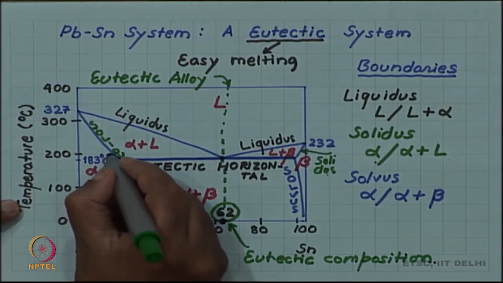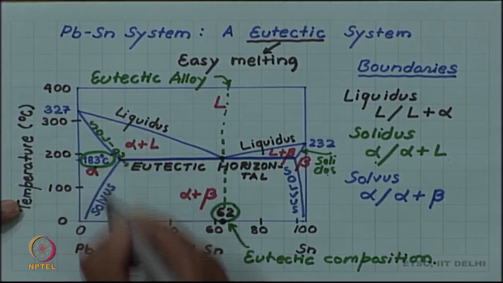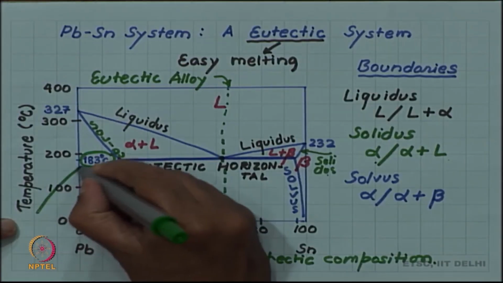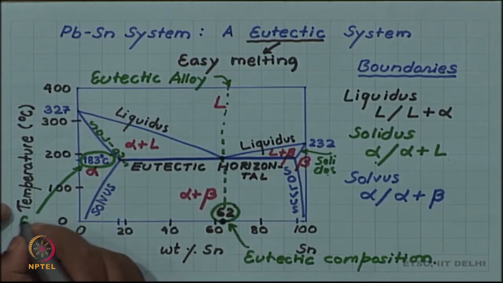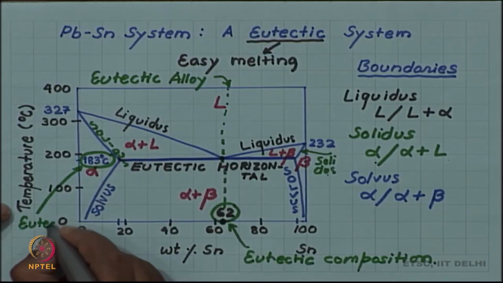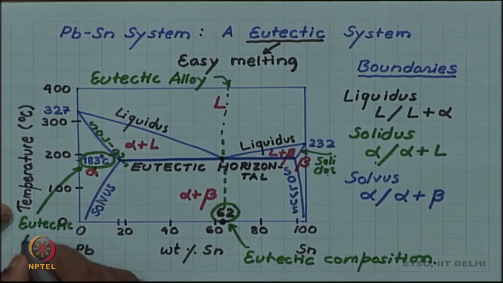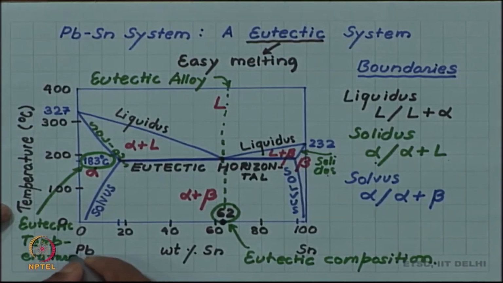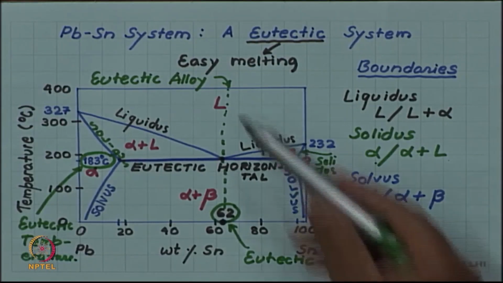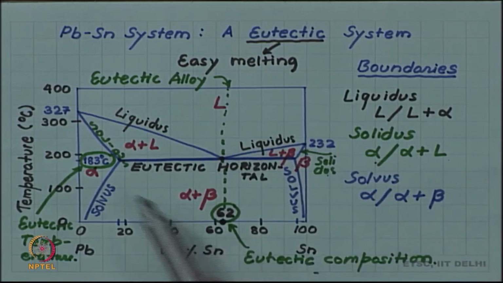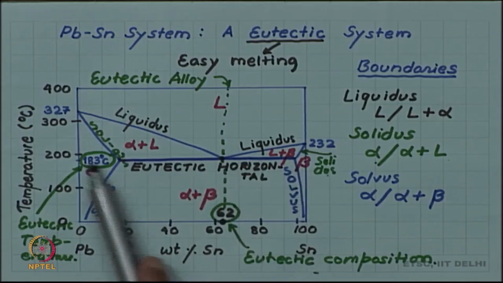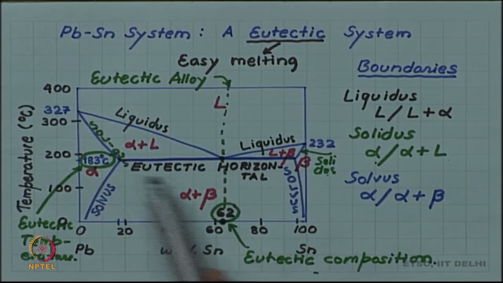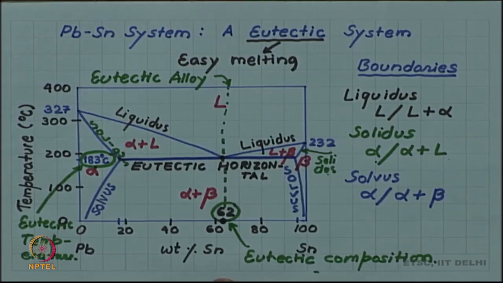The temperature at which the eutectic alloy melts will be called the eutectic temperature. So, you have a eutectic alloy, eutectic composition and eutectic temperature, and the phase diagram has a horizontal line at the eutectic temperature, that is called the eutectic horizontal.